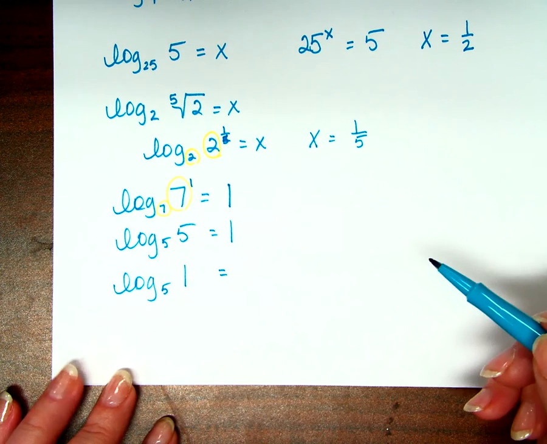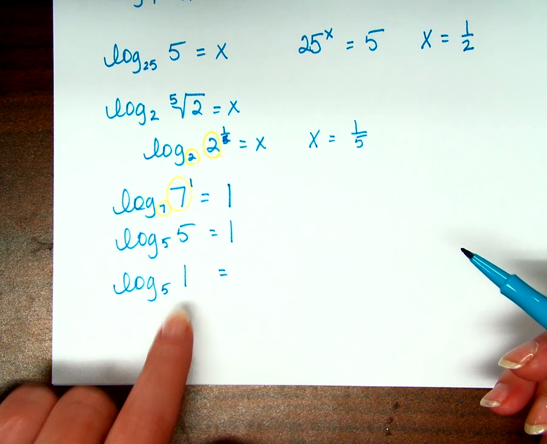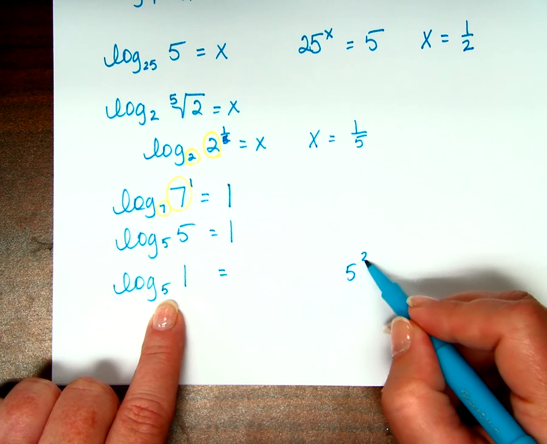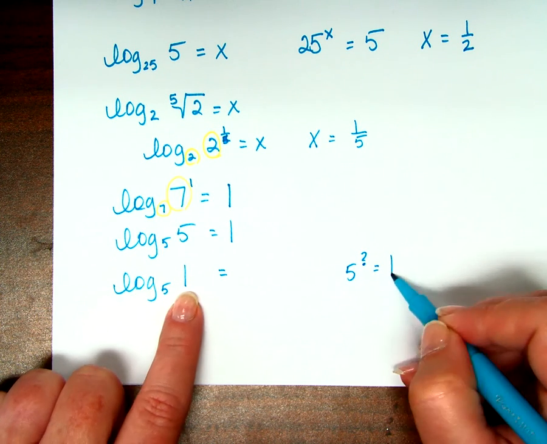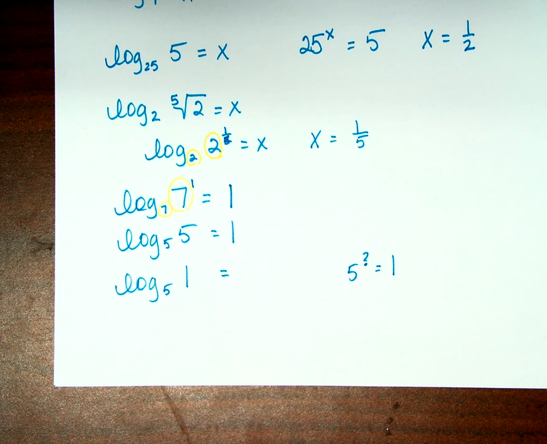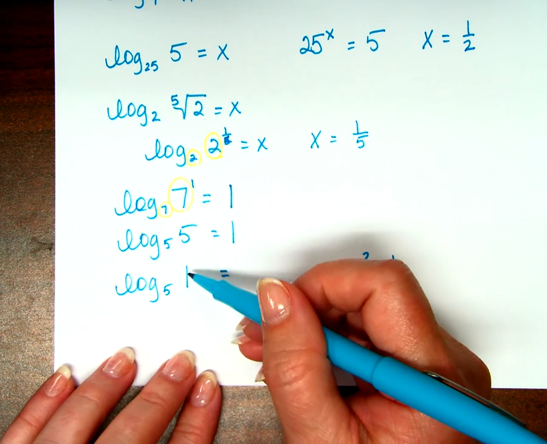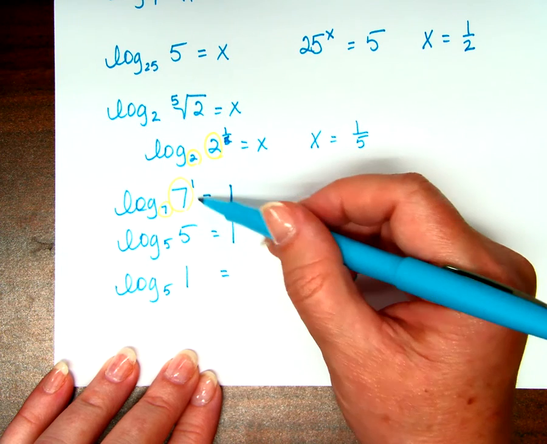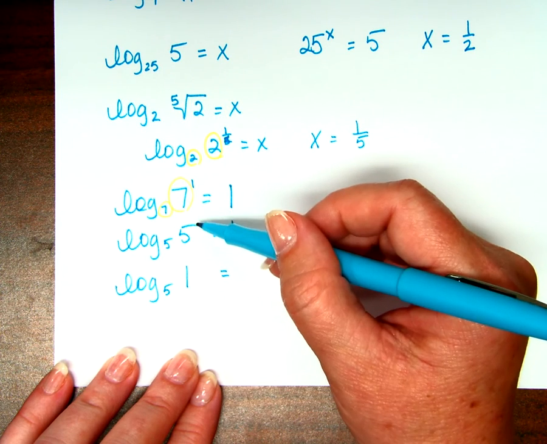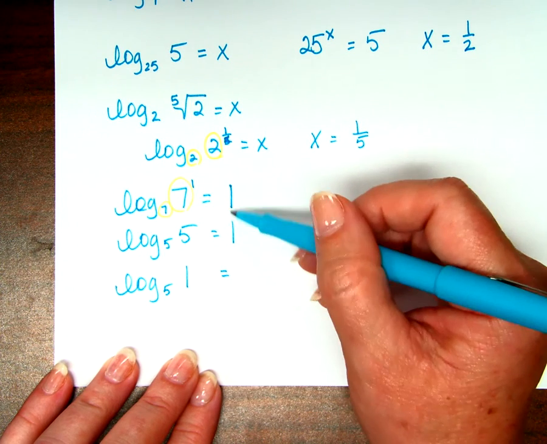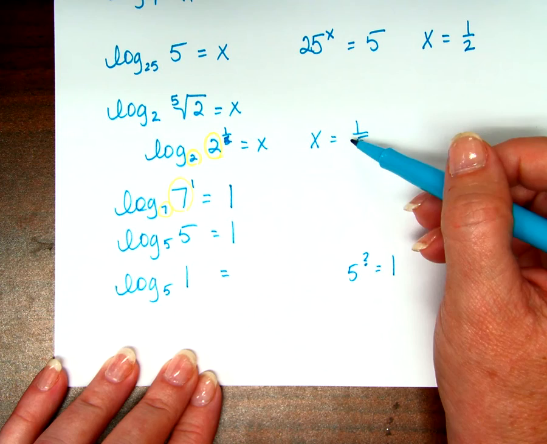So if I think about it in exponential form, it would be 5 to some power that I don't know equals 1, right? 5 to what power equals 1? 0, absolutely, because we know anything to the 0 power is 1, right? So here's the little basic property that I want you to remember for this. If the bases are the same, the answer is the exponent. In both of these cases, it's a 1, right? In this case, it was a 1/5, right?